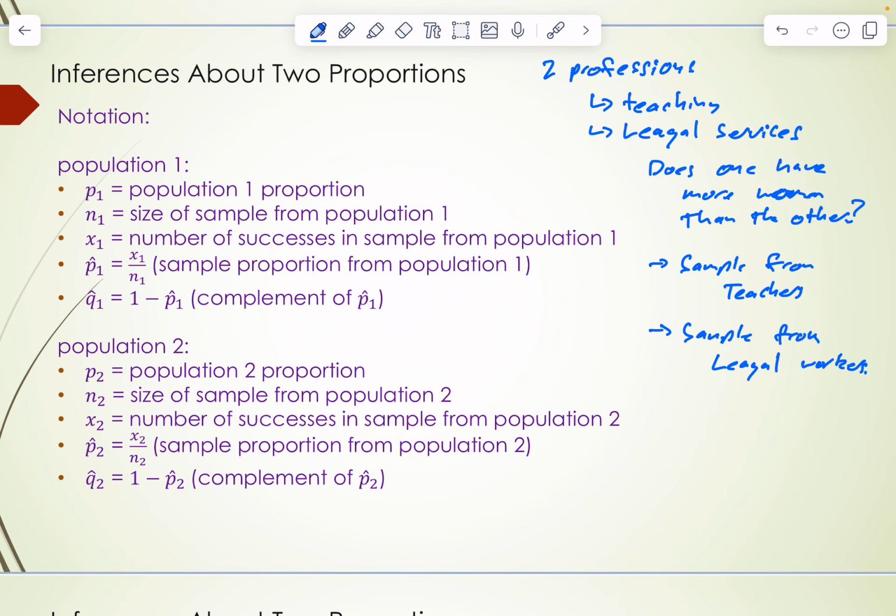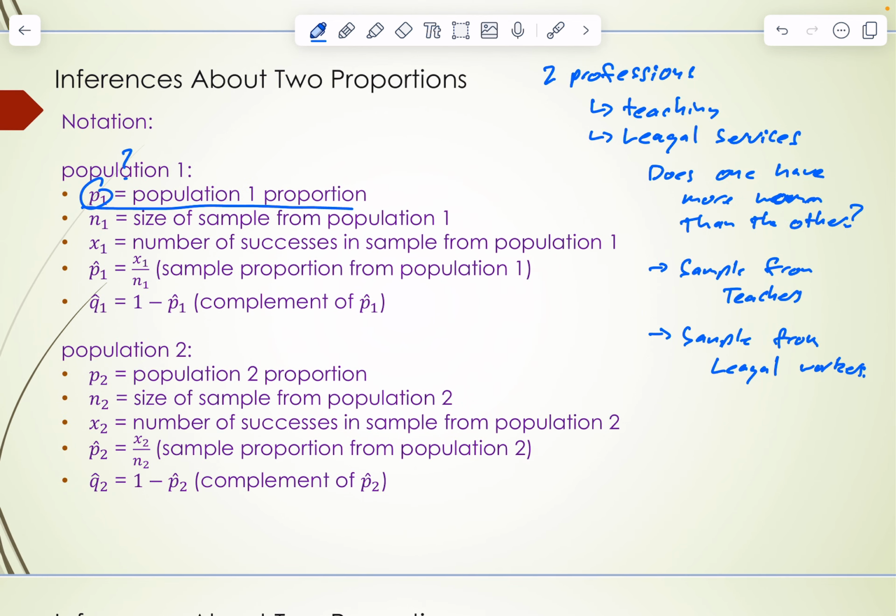So what you need is, P1 is the actual population 1 proportion. So the actual percent of teachers that are female. That's the true proportion. We don't know what that is. We're hoping to decide something about that. N is the sample size.